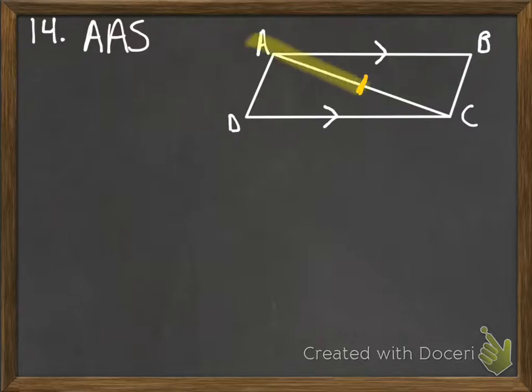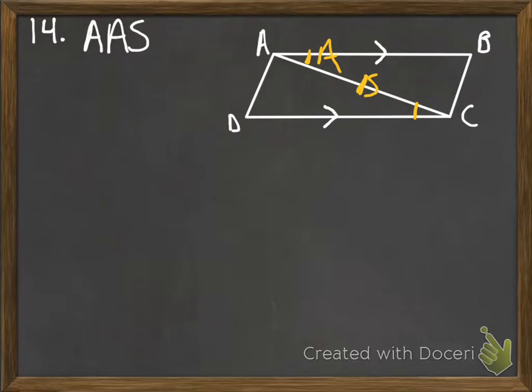This line right here is a transversal because this is parallel to this. So, because of that, we know that this angle is equal to that angle. So now we have a side, and we have an angle. But we want to make it angle, angle, side.